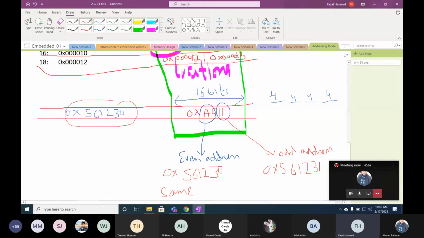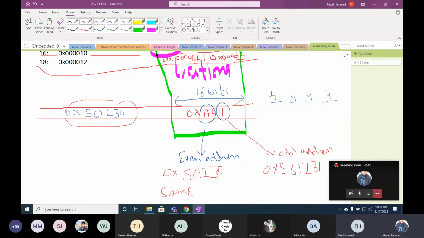Actually, whenever the microprocessor reads some data, it also tells the memory what should be the size of the data. So there is a parameter for size: whether we want to read the complete word or only a part of the data.